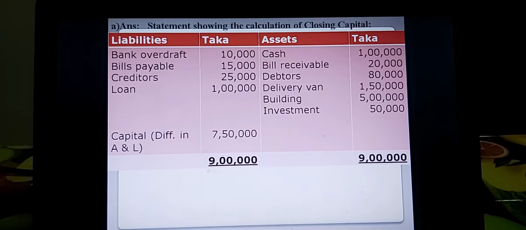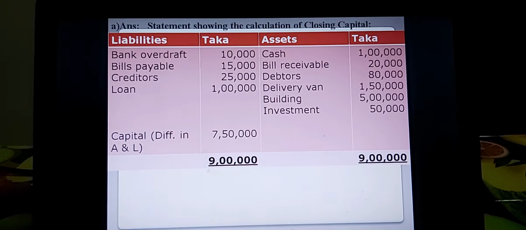In right side, that is the asset, closing asset, that is cash taka 1 lakh, bills receivable taka 20,000, debtors taka 80,000, delivery van taka 1,50,000, building taka 5 lakh, investment taka 50,000. Total of assets, total of closing assets is taka 9 lakh.